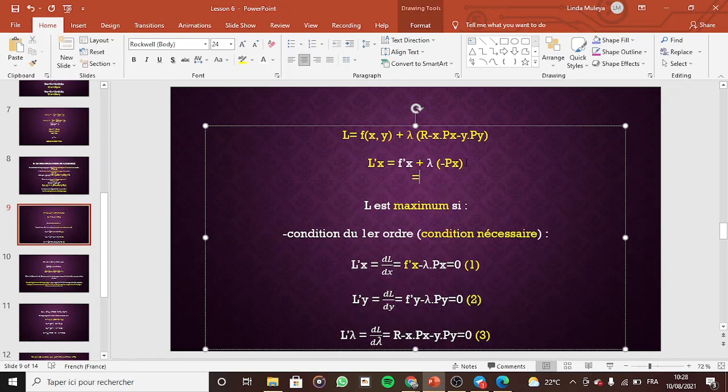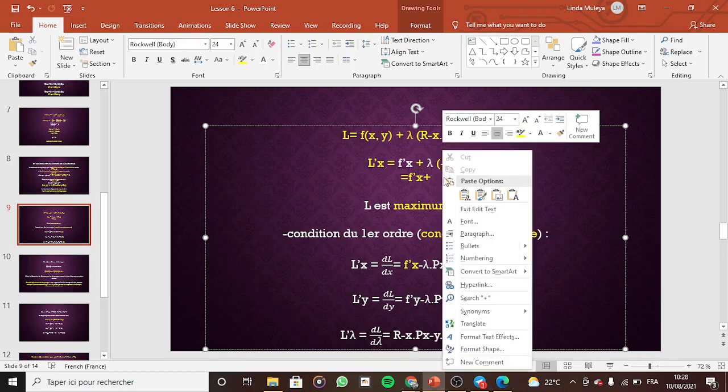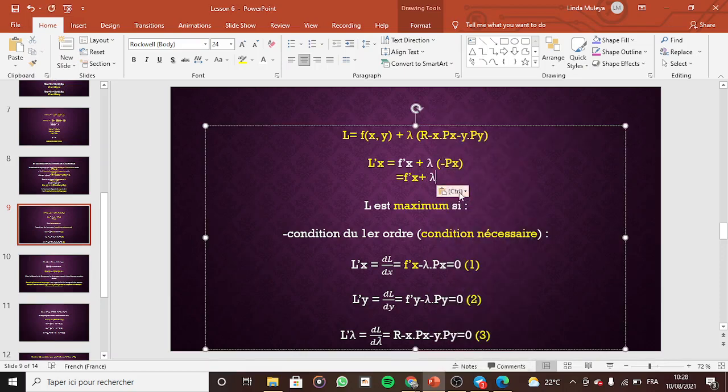So say this is equal to f of x plus Lagrange multiplied by the negative price of x.